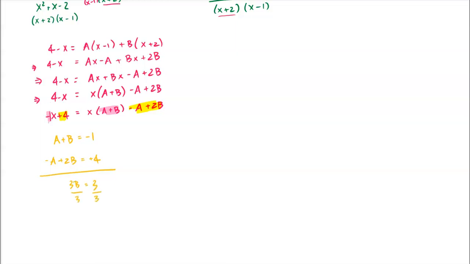Divide both sides by 3: B equals 1. Found B. Now let's find A. Put B equals 1 in there: A plus 1 equals -1, so A equals -2.